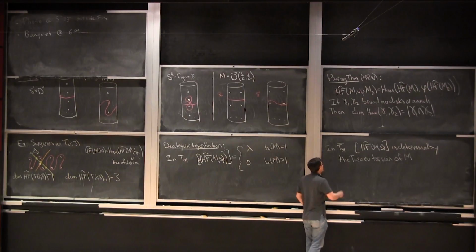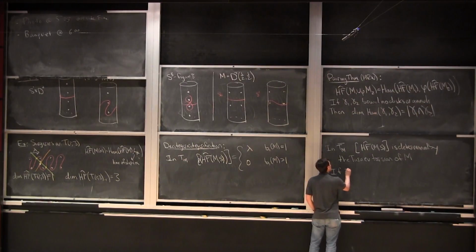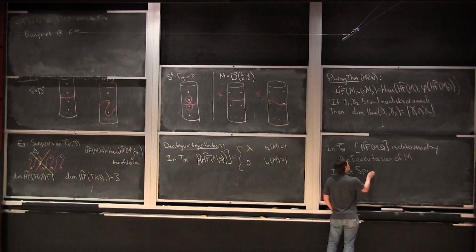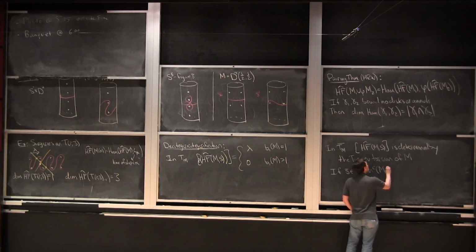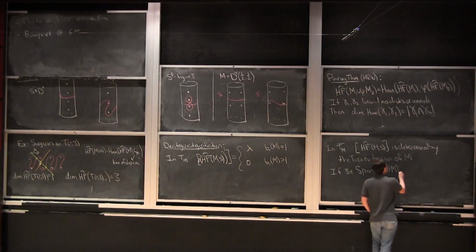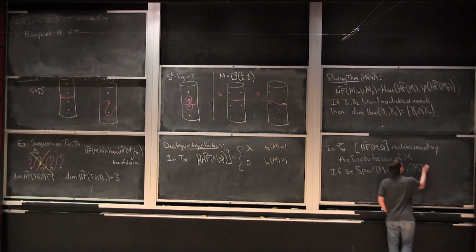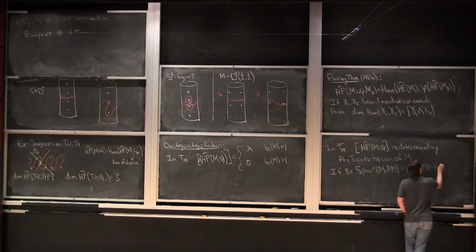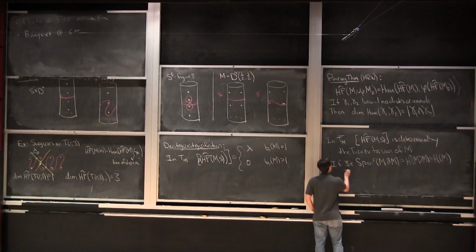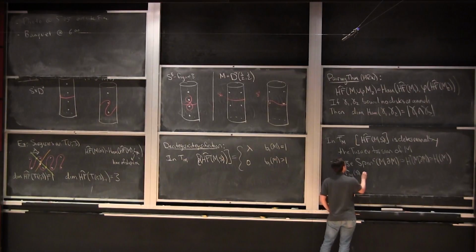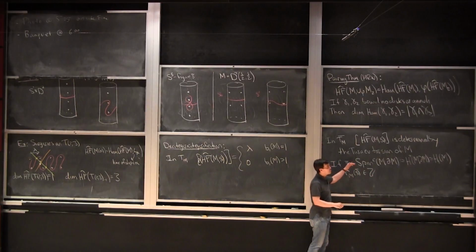So this is an invariant that assigns, let's say S bar is in spin C of M relative to boundary M. If you don't know what this is, you should just think that this is the same as H upper 2 of M boundary M, the same as H lower 1 of M. Then the Turaev torsion tau M of S bar is some integer. Okay, so for every relative spin C structure, I get some number.